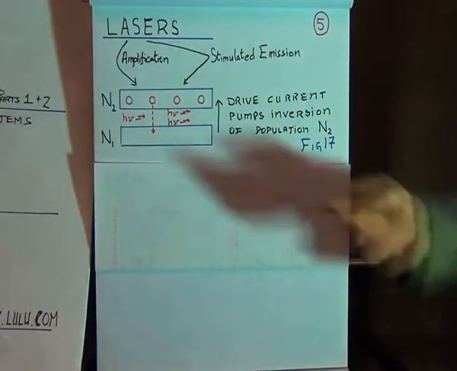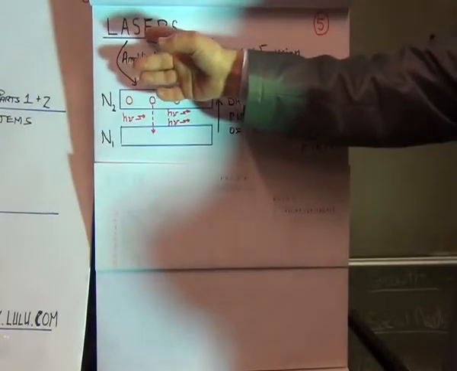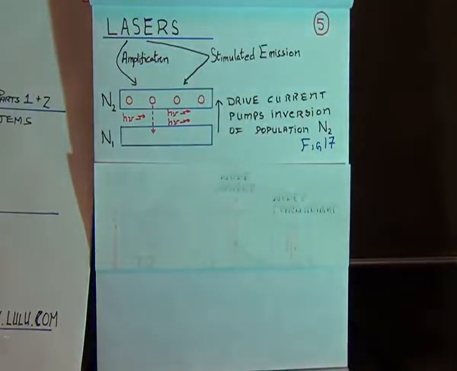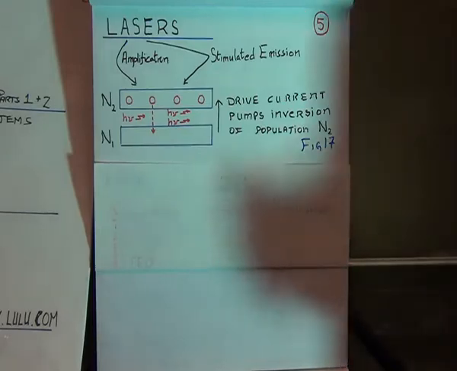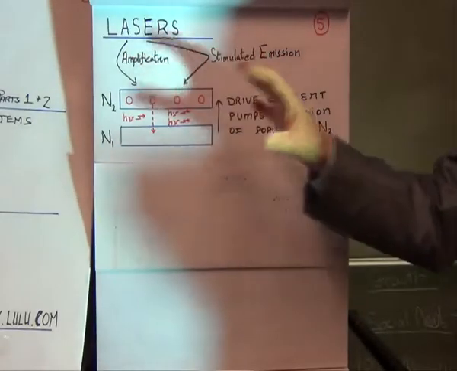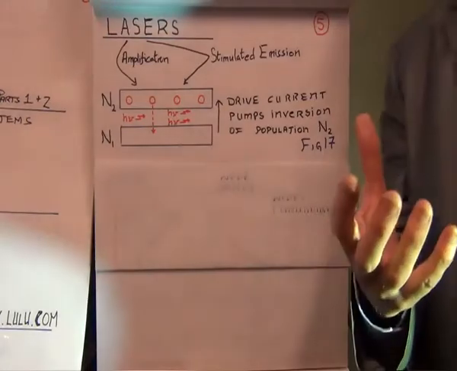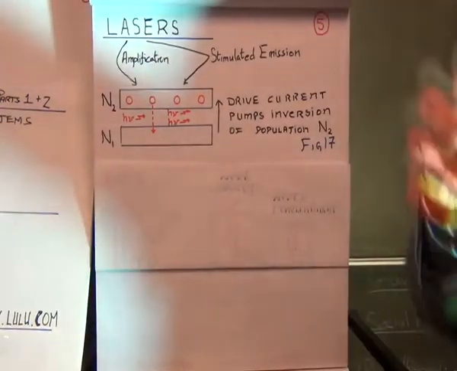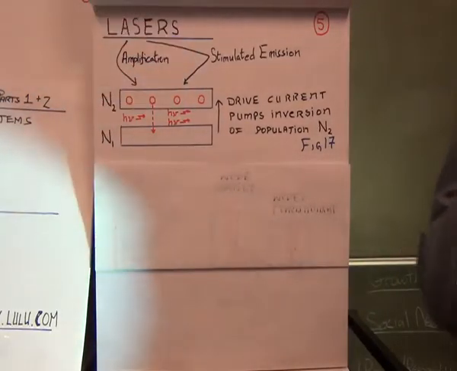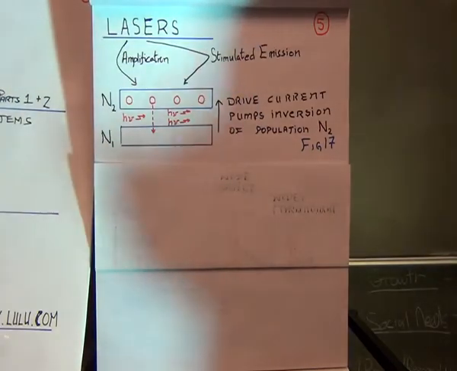Everybody knows the acronym, light amplification by stimulated emission of radiation. What really happens with a laser is a light field interacts with a system of molecules, or semiconductor crystal.